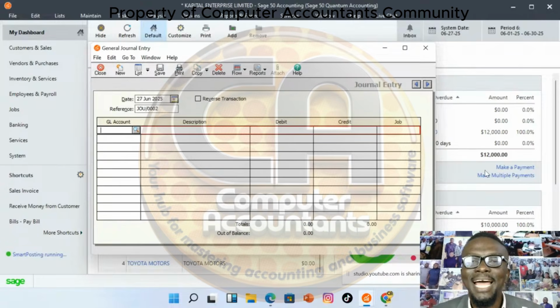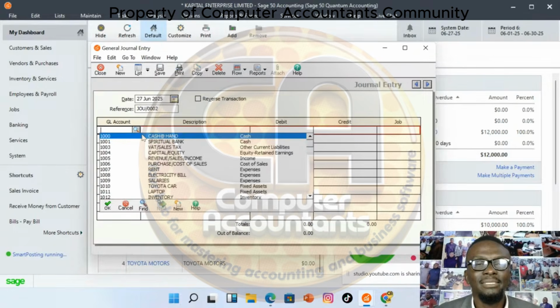So in this regard, we'll go to general journal. Anything that has to do with transfer of funds from office to the bank, from bank to the office, or contra entry, as we call it in accounting, you have to use journal to take care of that. In that journal, debit the account that is receiving, credit the account that is giving. In this regard, cash is receiving, so we debit cash at hand.